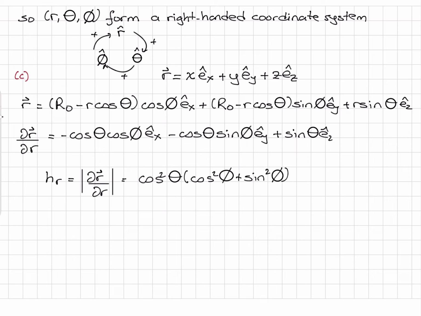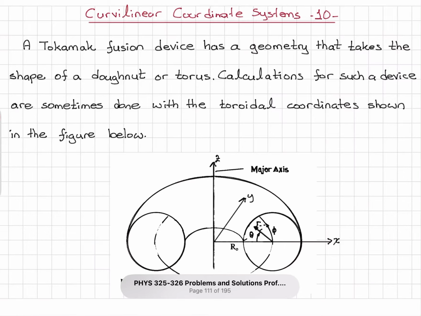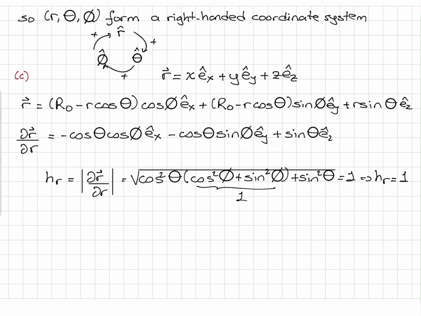And then I have sine squared theta, and this is all inside the square root. Cosine squared plus sine squared is equal to 1, so this is 1. Then I obtain cosine squared plus sine squared again, which is again 1. Therefore, the scale factor h sub r is equal to 1.